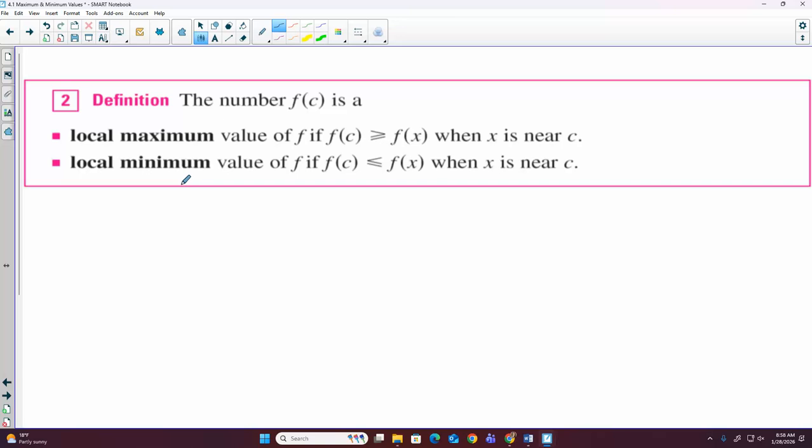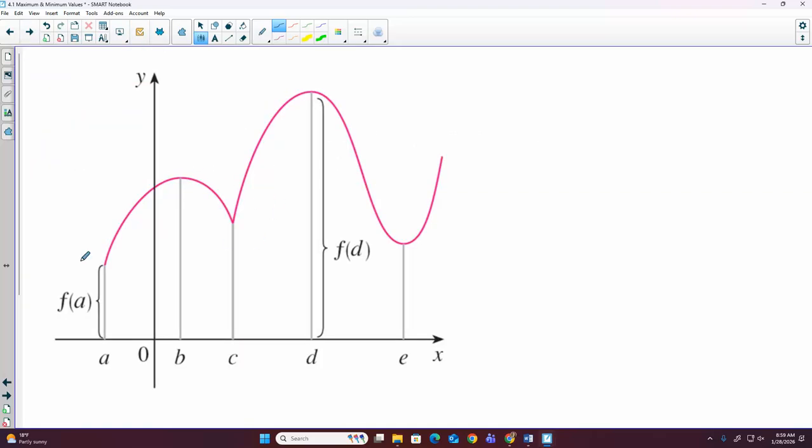Then we have local maxes and mins. Local maxes and mins don't have to be the highest or lowest on the entire graph, just higher than the surrounding points, higher than the points on either side of it. So here's an example. This point right here, is it the highest on the entire graph? No, but is it higher than the points on both the left and the right?